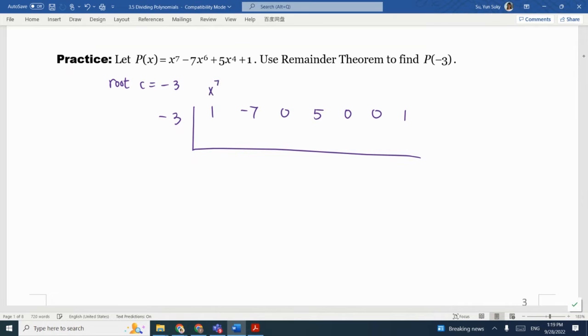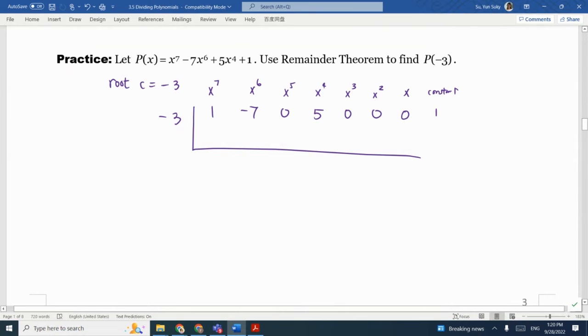Sometimes if you get lost, you can write it down. This is x^7, x^6, x^5. No, that's why we put 0. Oh, x^4, 5, x cubed, x squared. Ooh! Do you see what happened? We missed an x. So it's good that we check it. Make sure we check it.